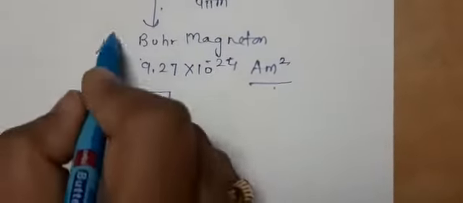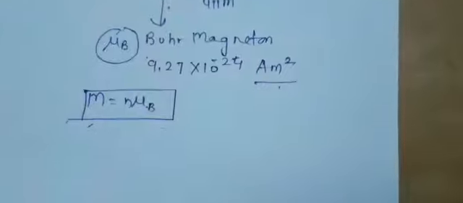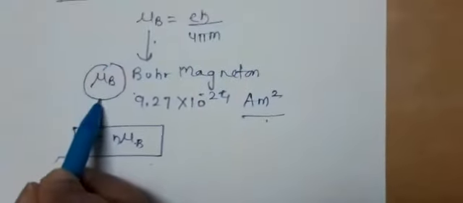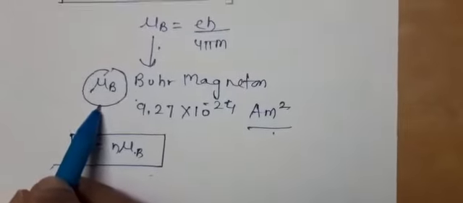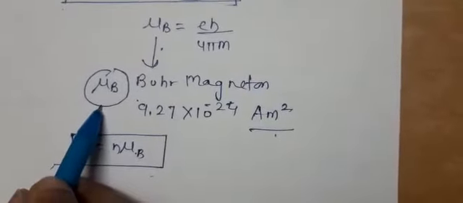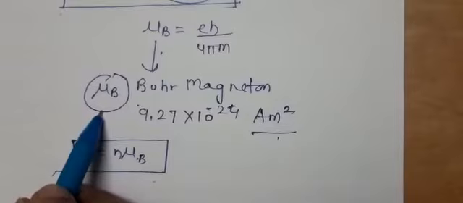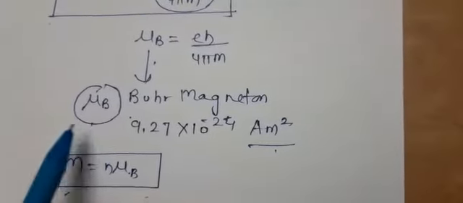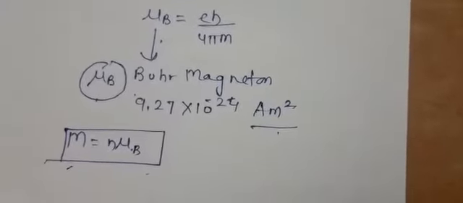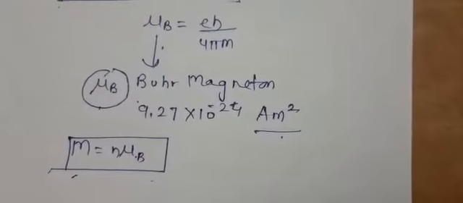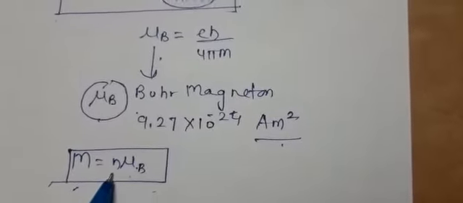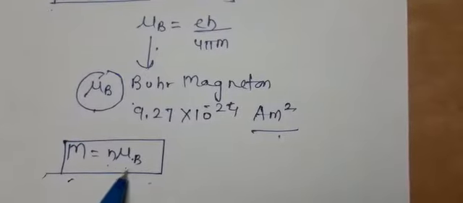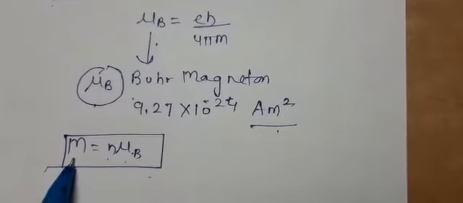So from here, how can we define Bohr's magneton? This is the minimum magnetic dipole moment associated with an atom due to the orbital motion of an electron in the first stationary orbit of the atom. If I take n to be 1, it is the minimum magnetic moment.